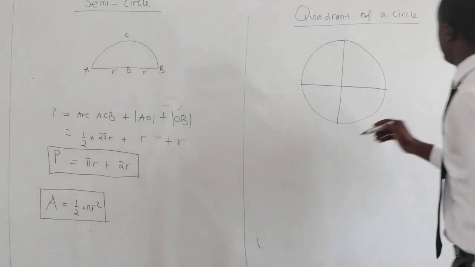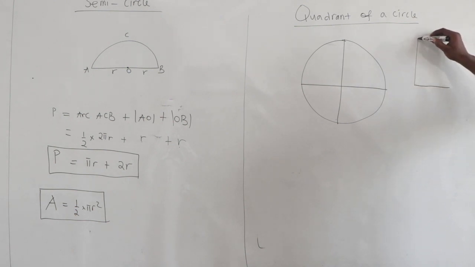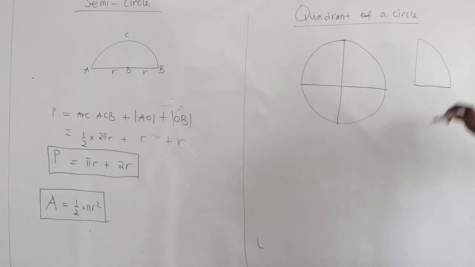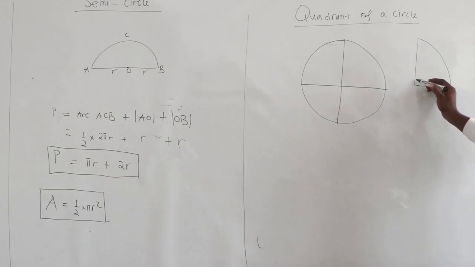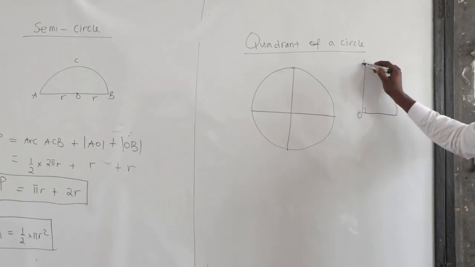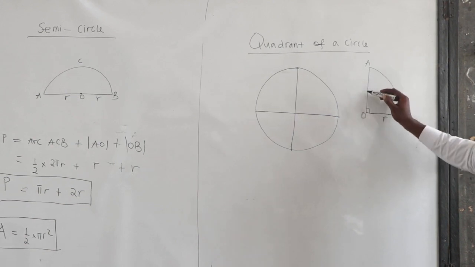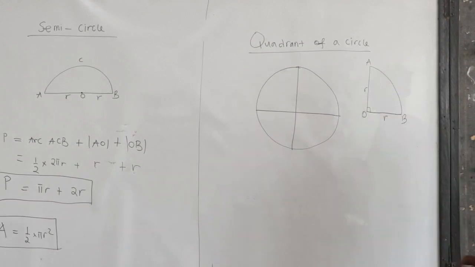So let's pick one of these. One has been picked. It has been divided into 4. This is 90 degrees. Let's say this is A, let's say this is O, and then B. Now OB is a radius, OA is also a radius.